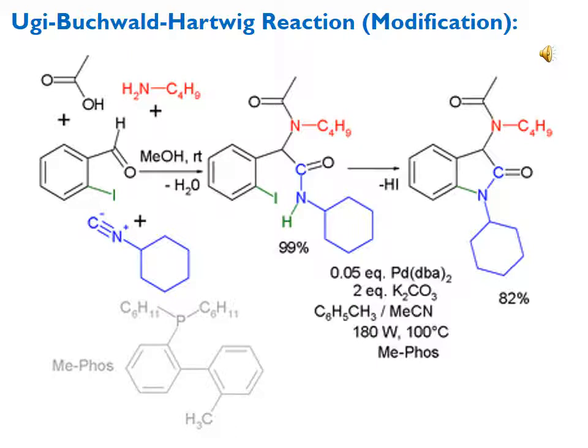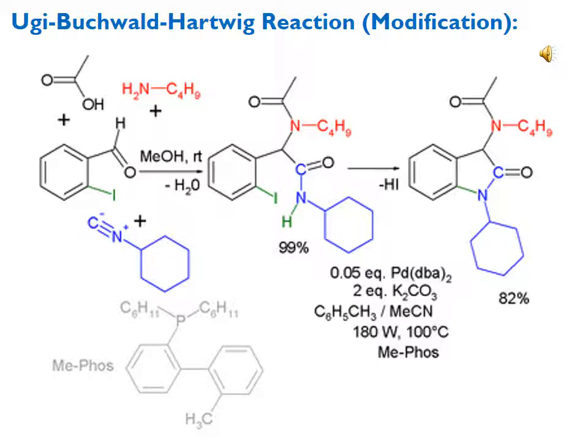The different reagents used for this purpose were an organometallic compound of palladium, then the base potassium carbonate, toluene, and acrylonitrile as a solvent, and then methyl cyanide, or ethane nitrile, also termed acetonitrile, is used as a solvent.